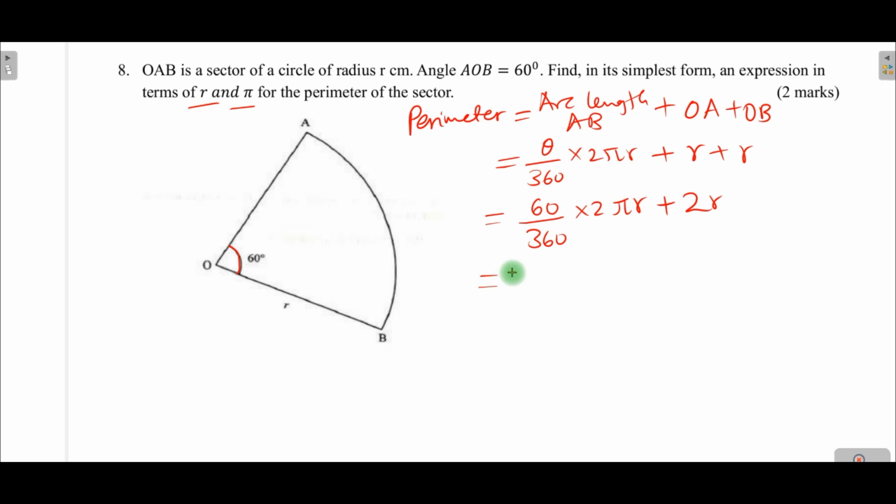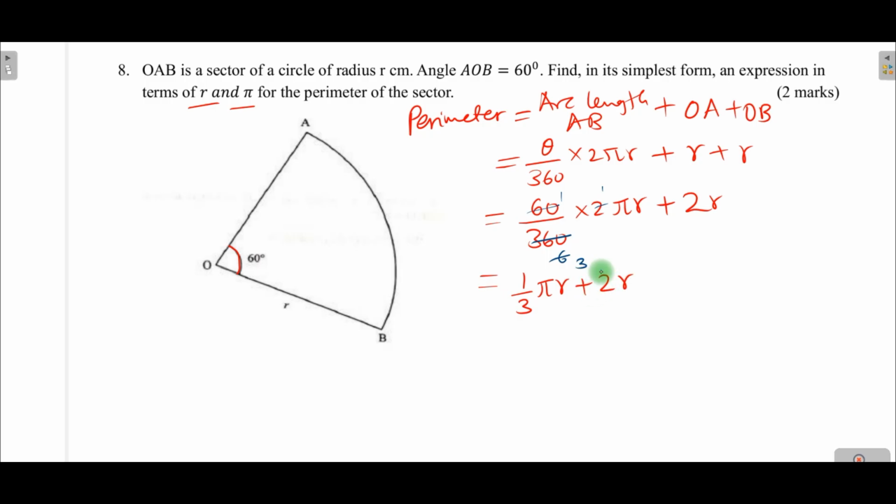Simplifying, this will be a third pi r, then plus 2r.